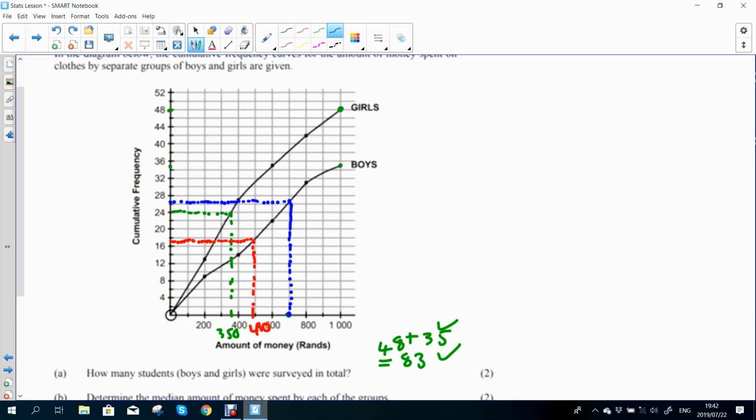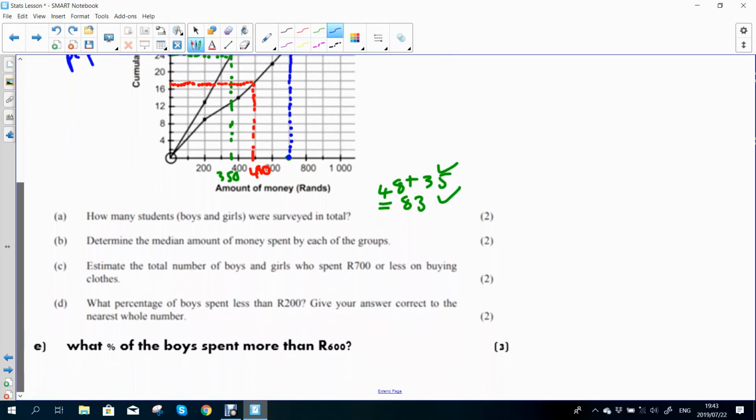And 700 for the girls, if you go up to the girls curve and you read that value off, that looks like just past 38. Okay, so we will say basically 26 plus 38. That's the amount of people that spend 700 Rand or less. So if you add those two together, you get 64 people, 64 people, 700 Rand or less.